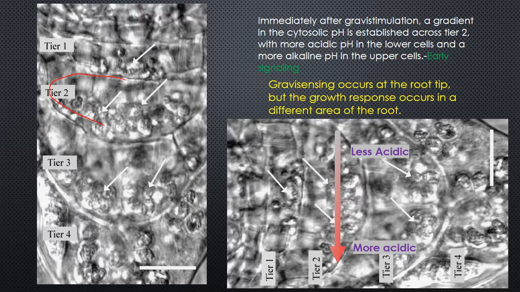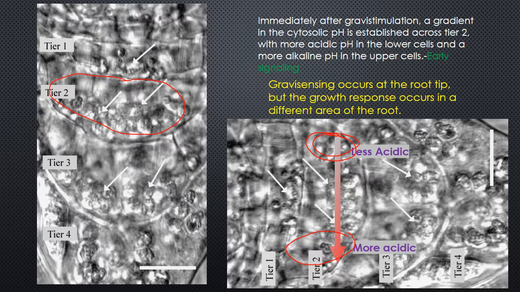Right here in tier 2, once we rotate the root, immediately there is a gradient of pH, so a difference in the cytoplasmic pH in this cell versus the one down here. And the one at the bottom is more acidic, meaning it has more hydrogen ions, than the ones towards the top. So gravity sensing occurs at the root tip in these cells, but the growth response occurs in a different area of the root.